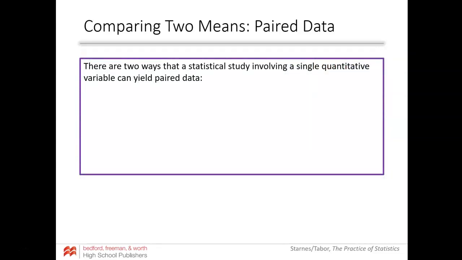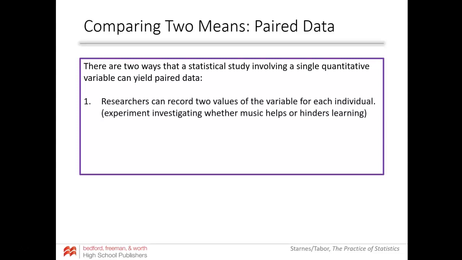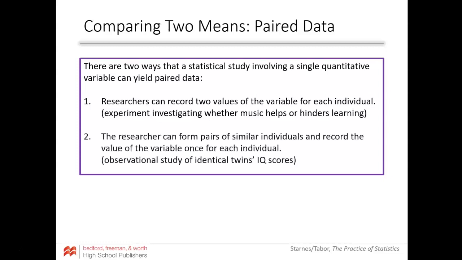There are two ways that a statistical study involving a single quantitative variable can yield paired data. So it could be that a researcher is recording two values of the variable for each individual. The music example was one of those where we had a before and after situation, where we changed the environment for one person or treated them to something, before and after. And then the other option is you purposely pair subjects together.